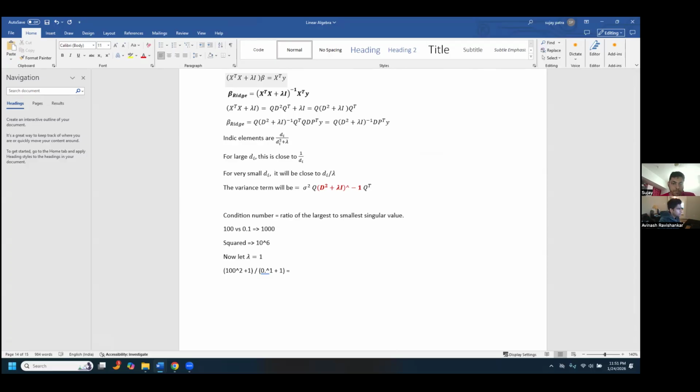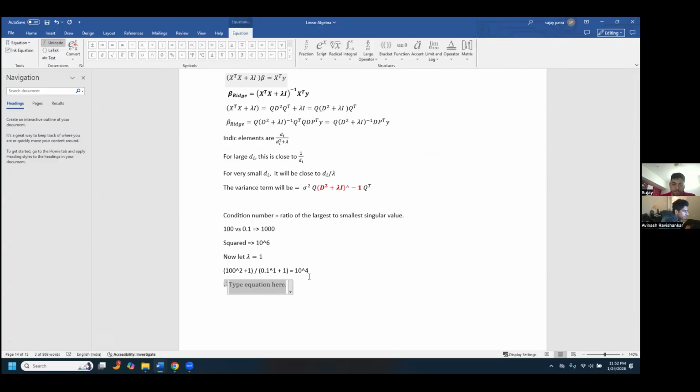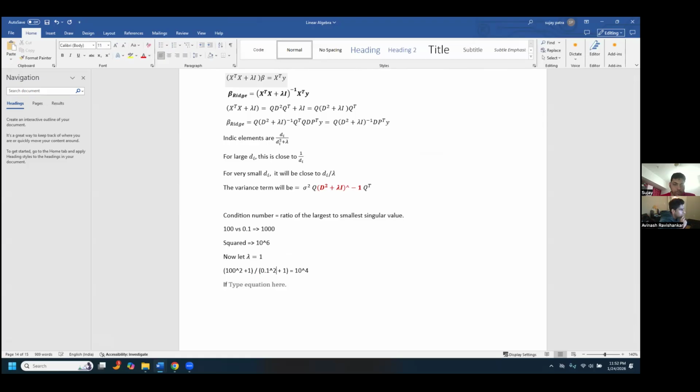In the numerator it is 100 square, which is 10 power 4. In the denominator, 0.1 square will be near 0, so the denominator is just 1. So now my condition number will be 10 power 4. That's supposed to be a square of the condition number, yes. So it was earlier 10 power 6, and I have improved it to 10 power 4.